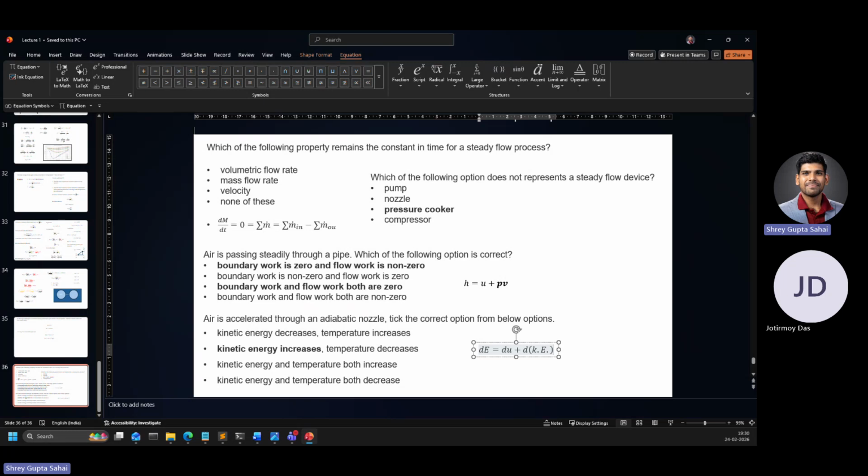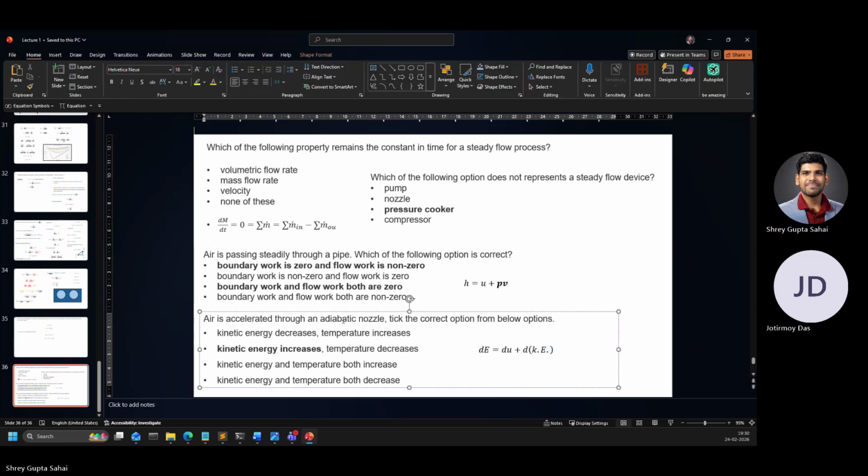Because kinetic energy is increasing, thermal energy or internal energy will decrease. But that does not imply that the temperature will decrease. This question is incorrect. We cannot say anything about temperature, just like we cannot say anything about the inlet and outlet area.